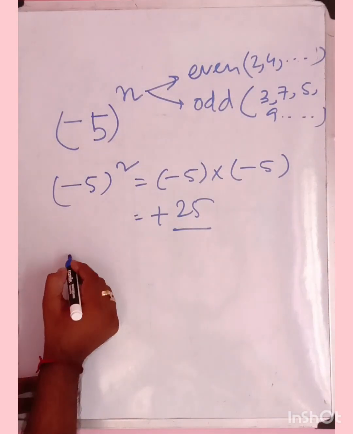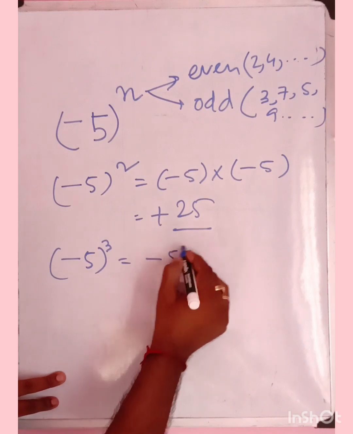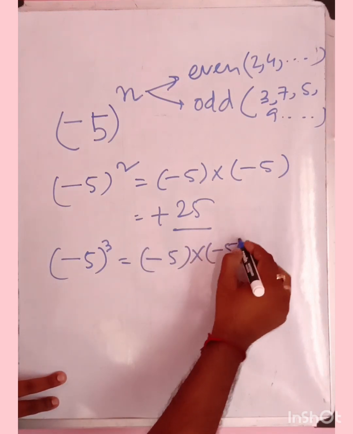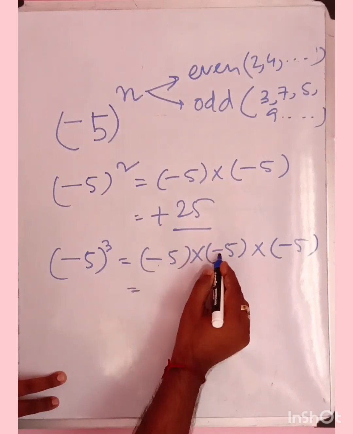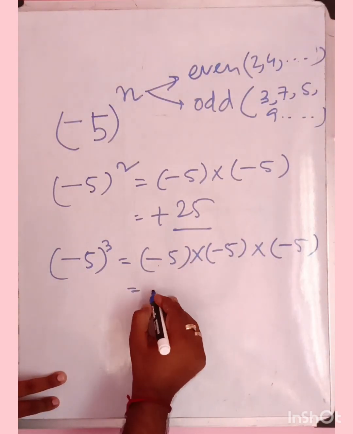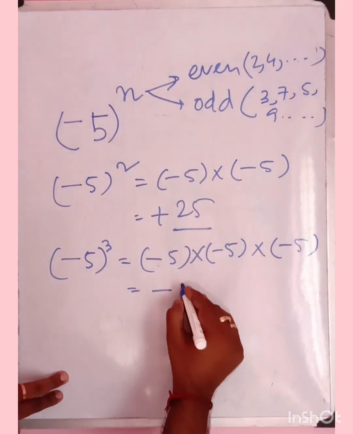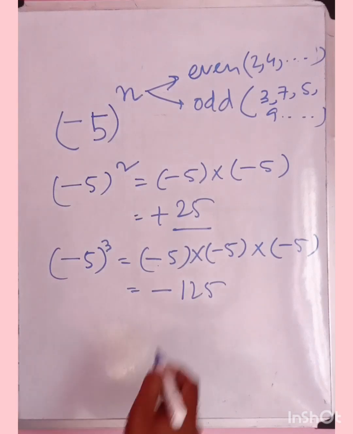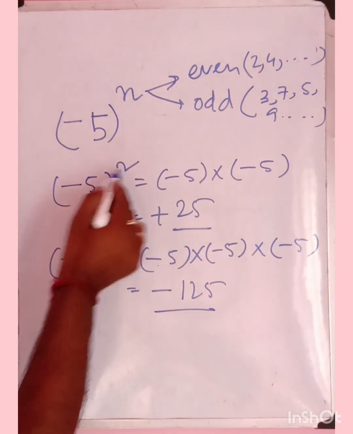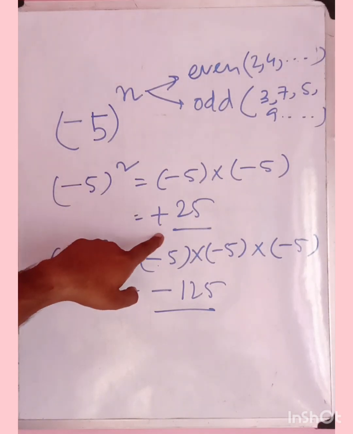But if the power is odd, then what happens? Minus minus plus again into minus, the final sign is minus. So you see that if the power is even, minus becomes plus.